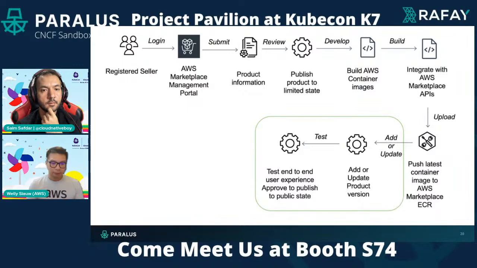The other angle, for example, if you look at EKS, EKS has this concept of add-ons. I think that's something we have to explore as well, is that you have your Paralus listed in the AWS Marketplace. I hope that we can see that in the upcoming days or weeks. And then you can add it into EKS as an add-on, right? There is the whole idea of EKS Kubernetes blueprints using Terraform, for example.